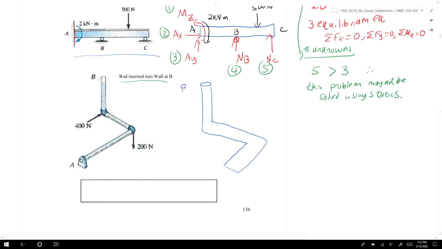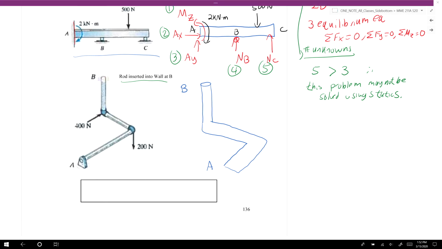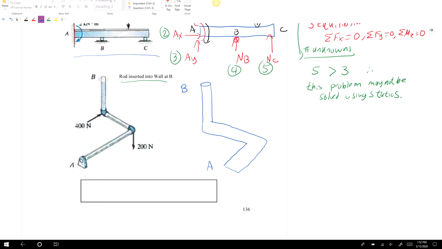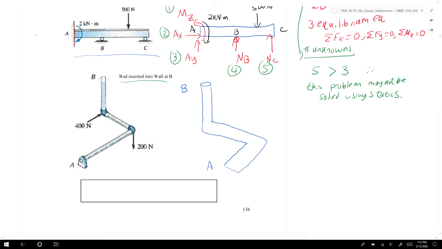At point B, the rod is inserted into a wall, which would be considered a fixed support. At point A, we have a journal bearing. We can define our XYZ coordinate system here.